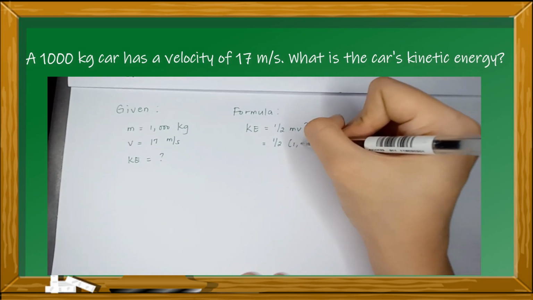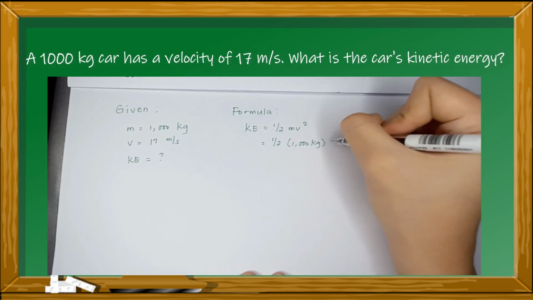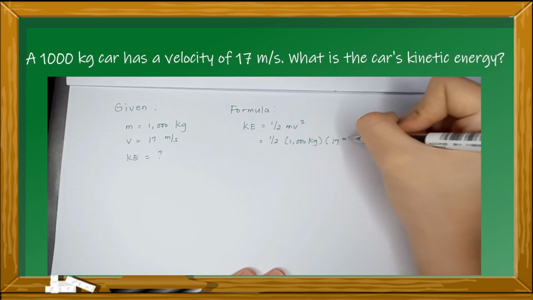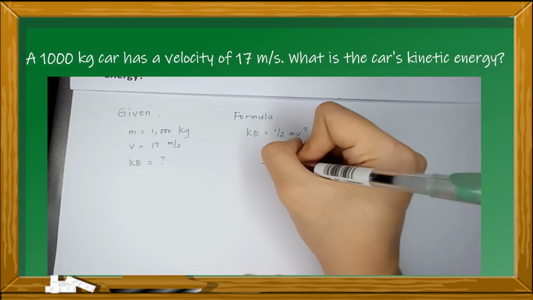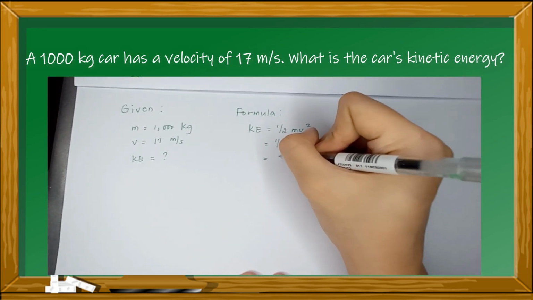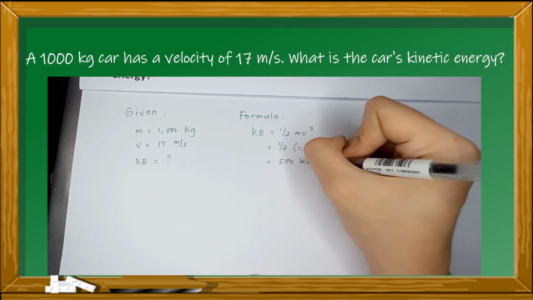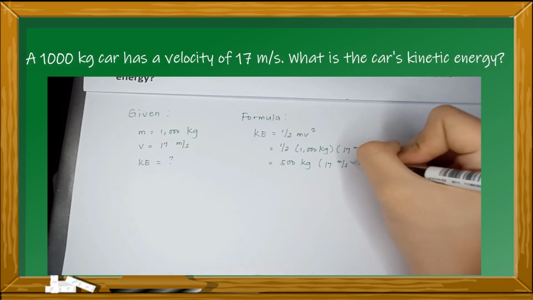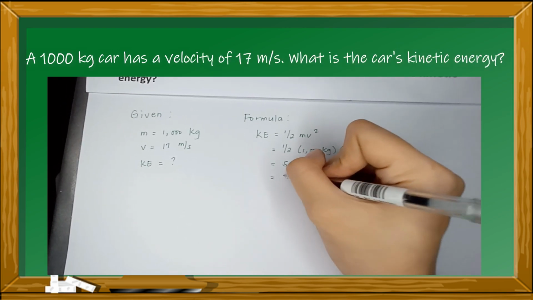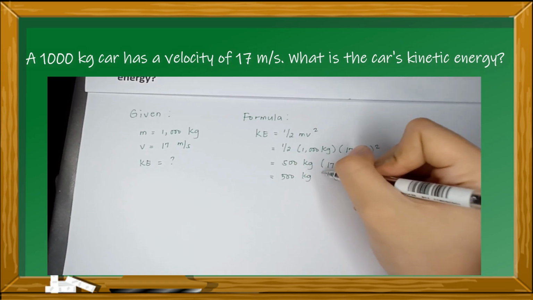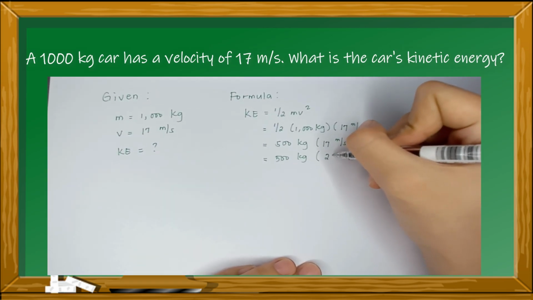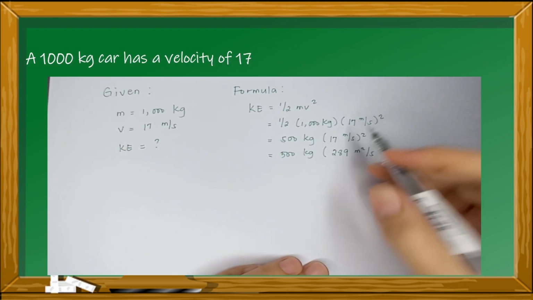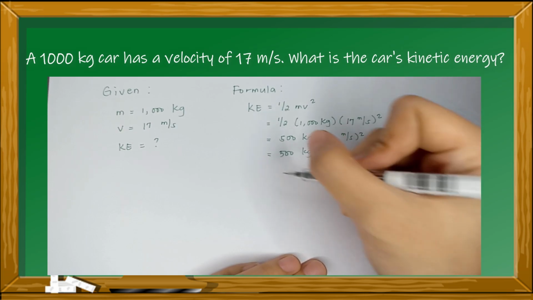We will substitute the given: 1/2 times 1,000 kilogram times 17 meter per second square. 1/2 times 1,000 is equal to 500 kilograms. And then bring down 17 meter per second square. 500 kilogram times 17 squared, that is 289 meters squared per second squared. So, kailangan i-square din natin ang mga units.